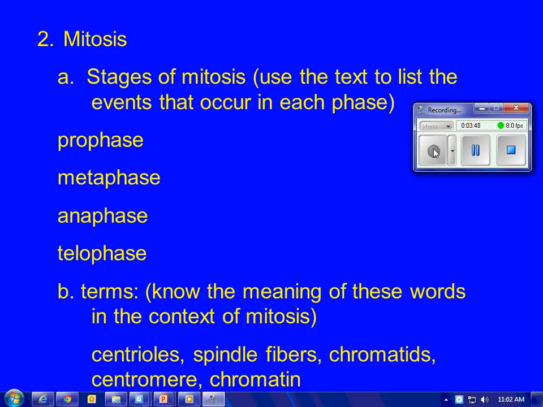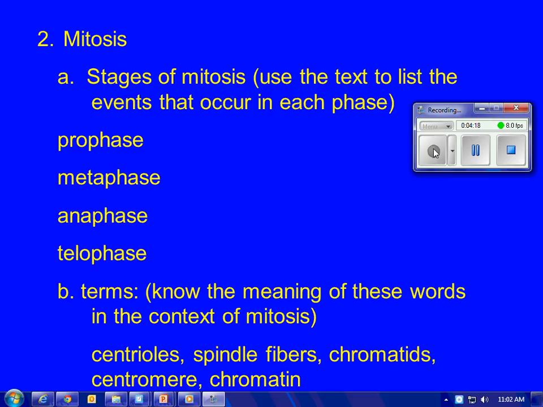At this stage, you should go to your textbook, page 560 and 561, and take a few minutes to jot down what the main events are that happen during the 4 phases of mitosis. And you'll notice at the bottom of this slide, you should be using words like centrioles, spindle fibers, chromatids, centromere, and chromatin.